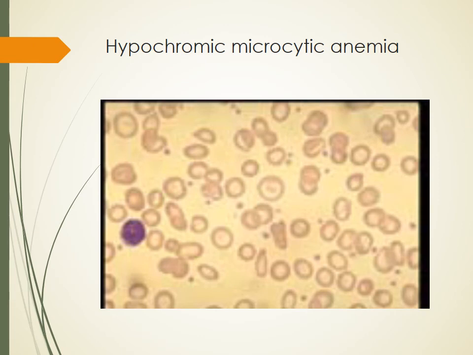The other thing which you will notice in a heavy infection is hypochromic microcytic anemia. This is due to deficiency of iron. Again, it depends on the dietary supplement of iron, because if a person does not have a proper dietary supplement of iron, this would be a very pronounced effect of anemia.